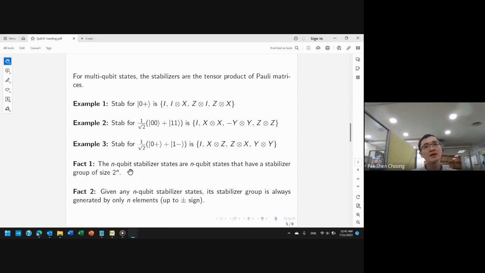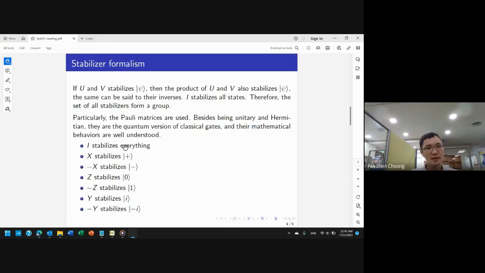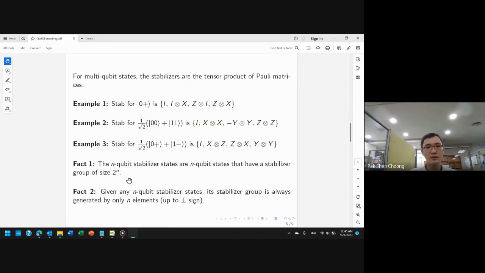Essentially for 1 qubit, let's say you start from 0, you just have identity and z, so it's 2 to the power of 1. If you have a tensor product of n qubits, you are just multiplying 2 n times, which is why you have 2 to the power of n.